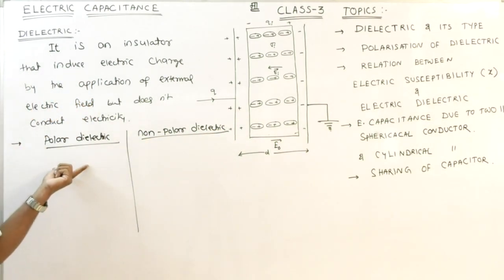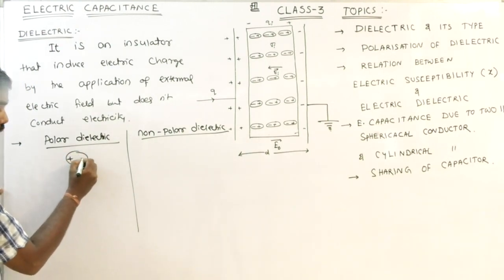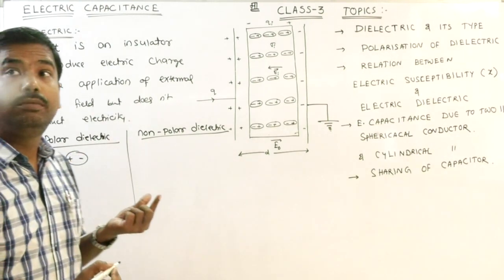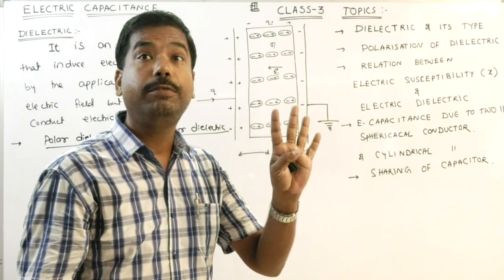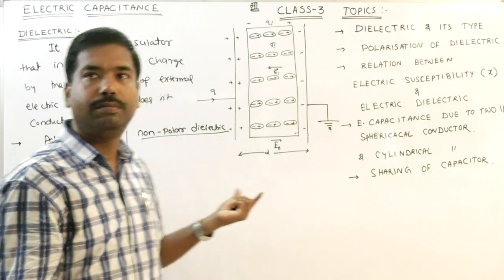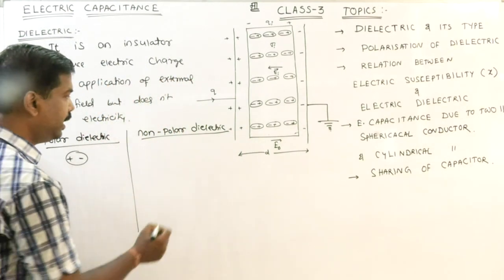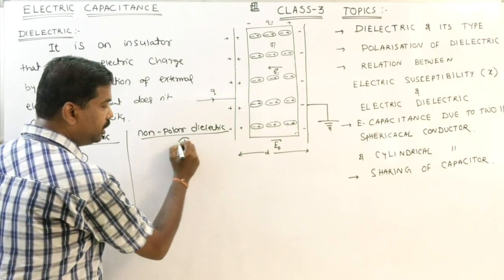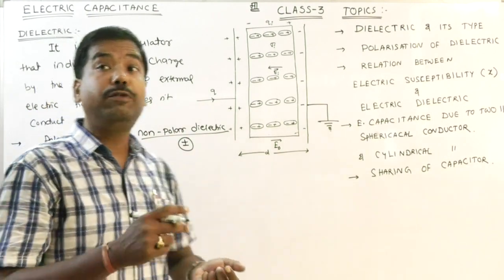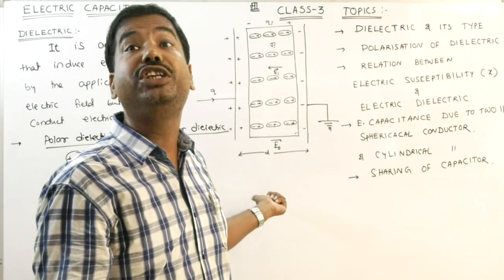Listen to me. In case of polar dielectric, the center of gravity of positive charge and negative charge does not coincide with each other. It means they are apart at a distance. Clear? It means they do not overlap with each other. But in case of non-polar, the positive charge and negative charge overlap with each other, in absence of electric field.